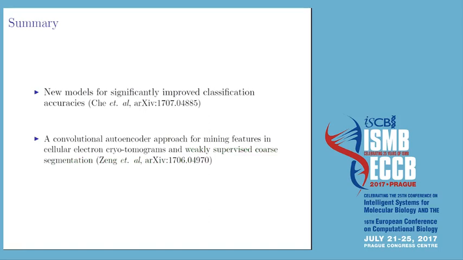We have recently developed 3 new network models that have even higher classification accuracy compared to these previous 2 models. Also, to complement this supervised approach, we developed an unsupervised convolutional autoencoder approach for characterizing subtomograms and image features. We furthermore extended this autoencoder approach for weakly supervised coarse segmentation of the cellular structure and components.